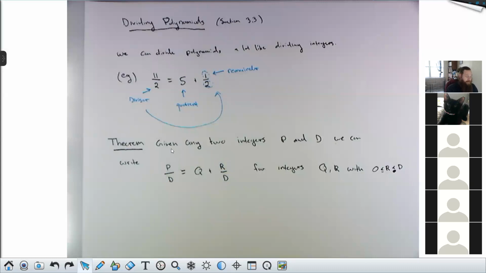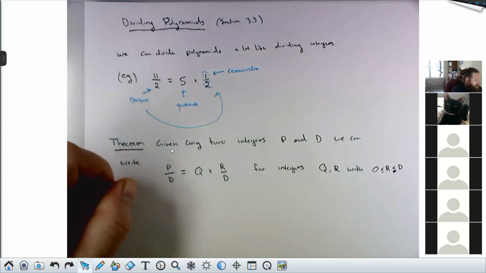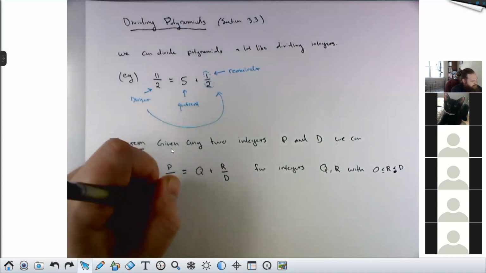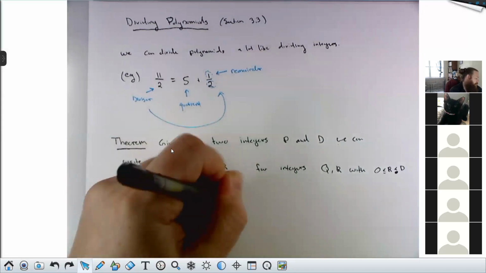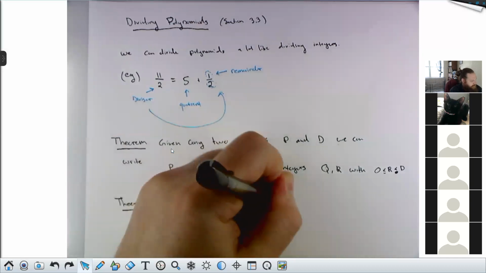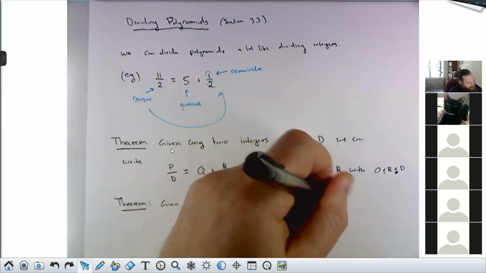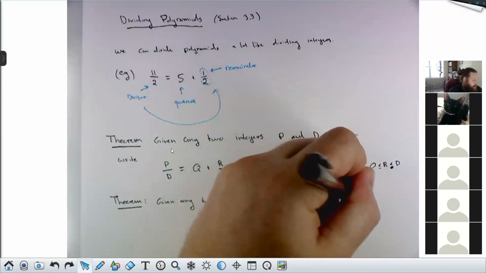This works for polynomials also. Given any two polynomials, P of X and D of X, this is called the Euclidean algorithm, by the way.